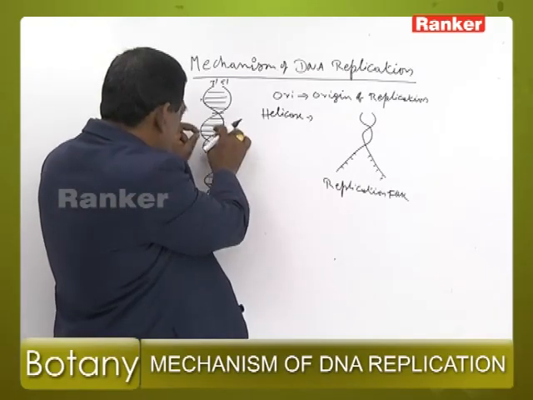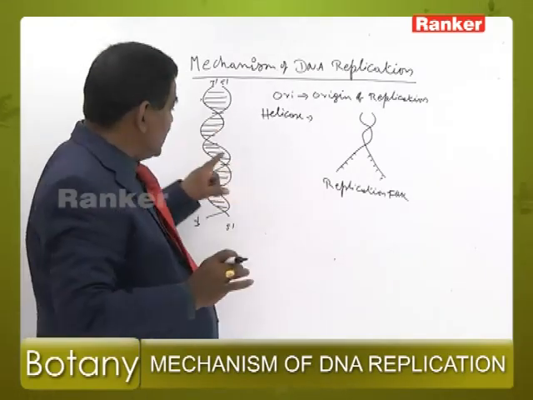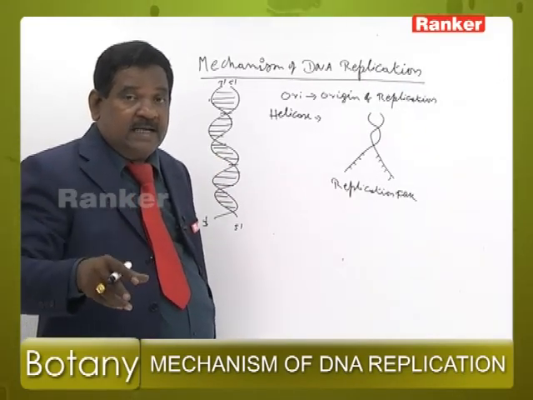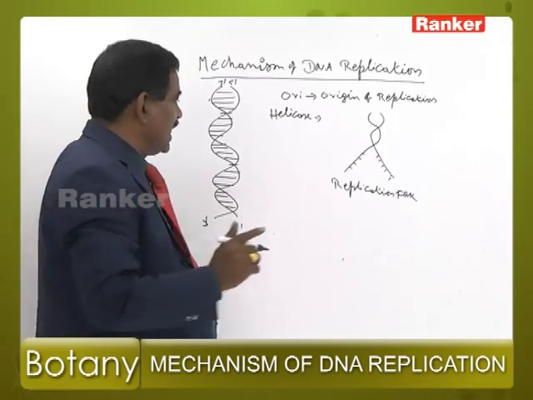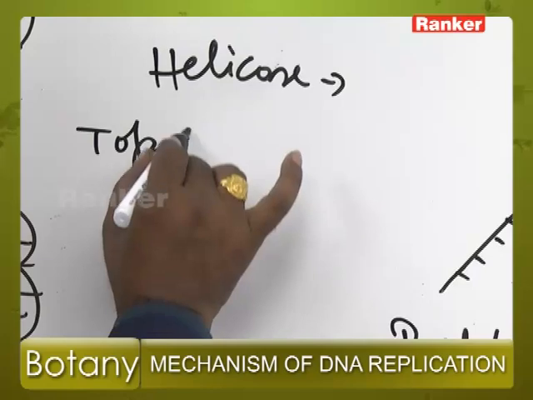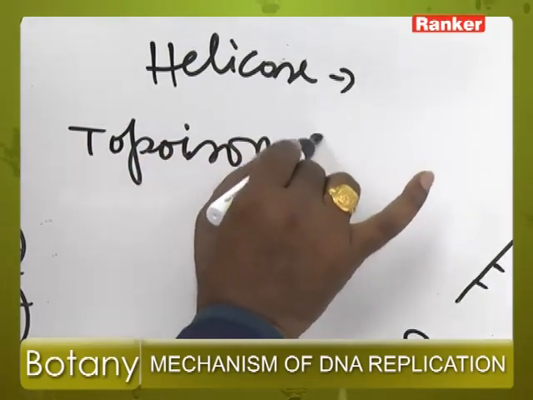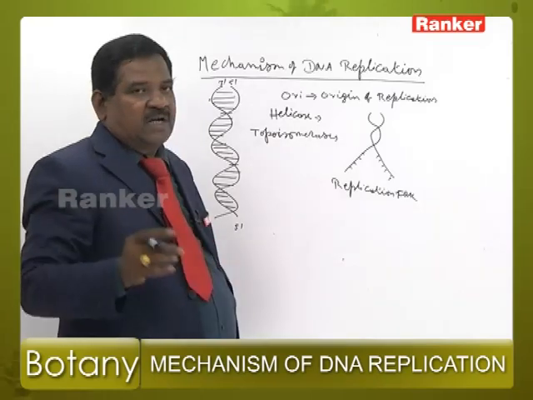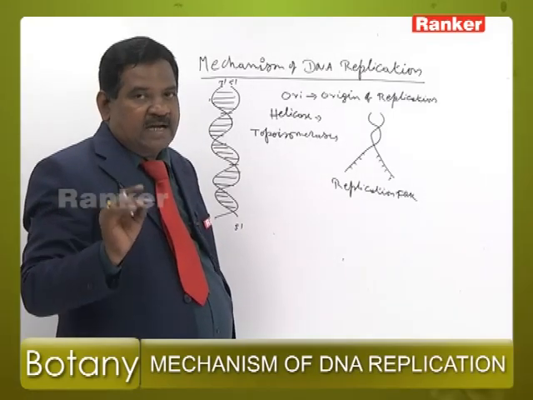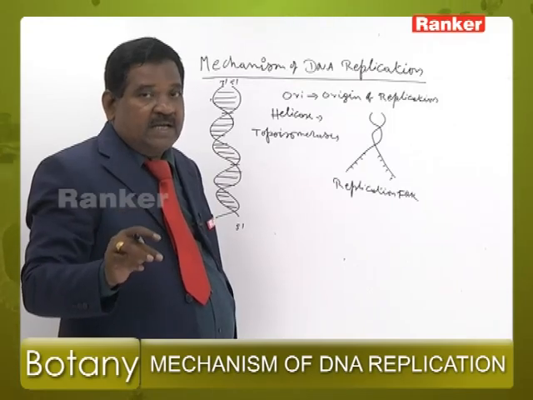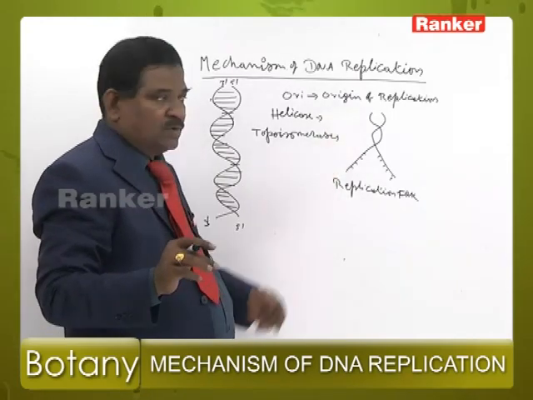When the two strands are separated, tension is created in the remaining coiling, and that tension is reduced by the enzyme topoisomerase. Helicases unwind the two strands; topoisomerases reduce the tension created during unwinding.